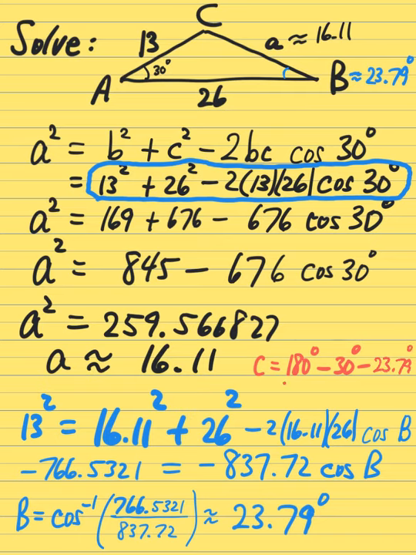For a grand total of, let's see, 150. I'm going to go ahead and mentally subtract those, minus 23.79. I get 126.21.